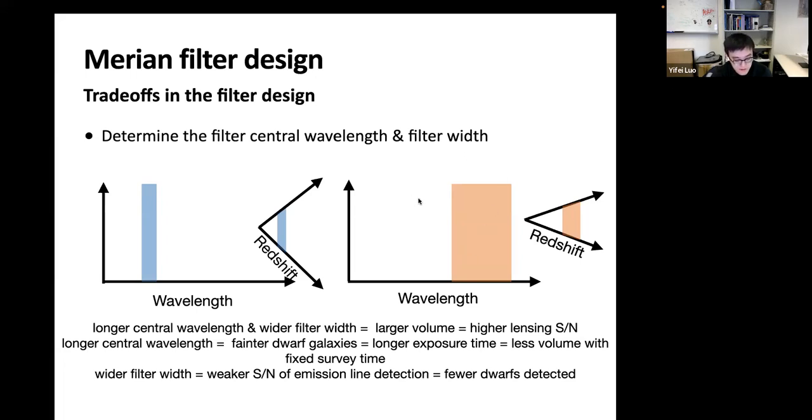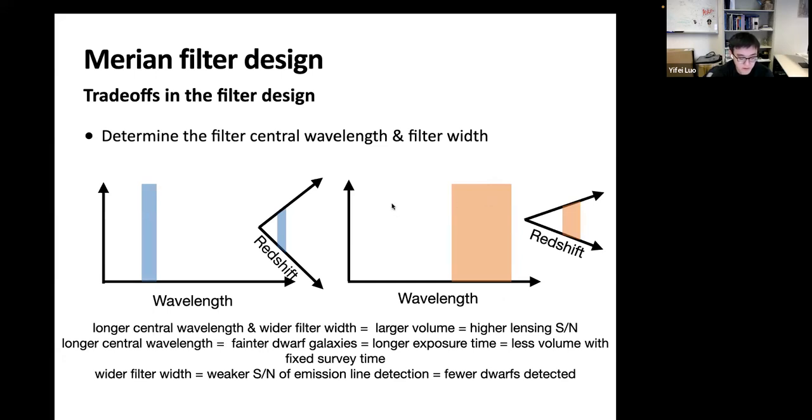However, given a fixed exposure time or number of nights, you will have a smaller survey area, because those dwarf galaxies are faint. So we need longer exposures if the filter is wider or at higher redshifts, because they are fainter.